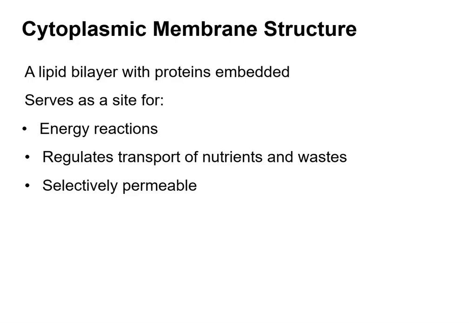It also says energy reactions, because if you think about it, a membrane helps to separate two areas, and we can create concentration gradients across that membrane, and that can help us to convert energy into different forms.